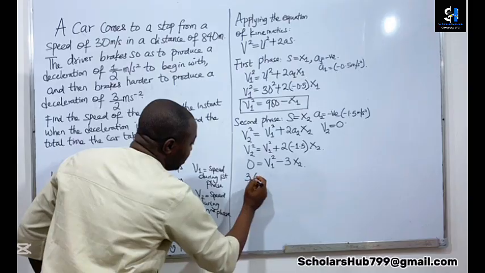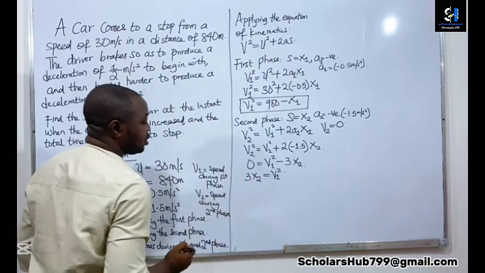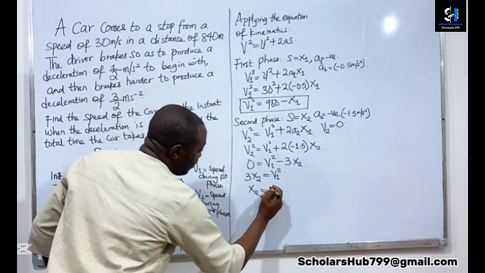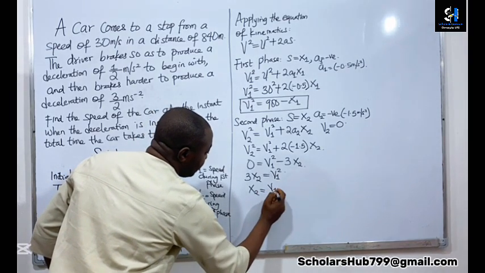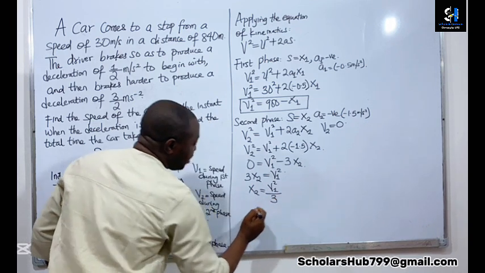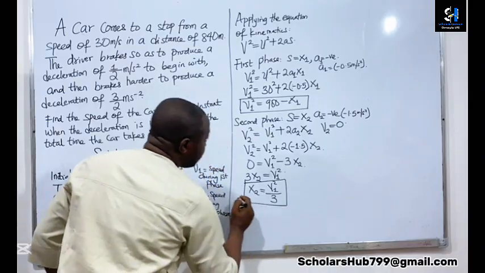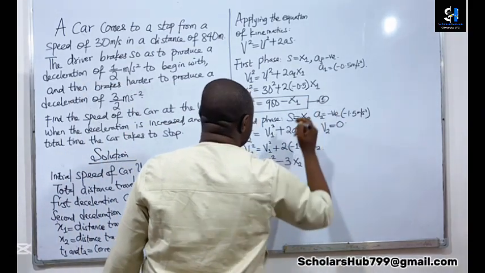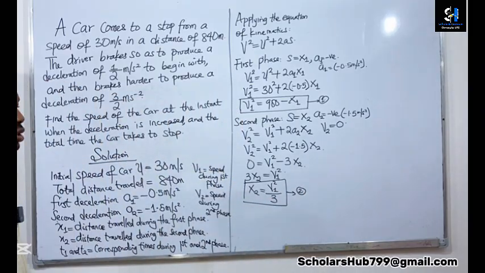So that 3x2 will be equal to v1 squared. Then I can write here that x2 equals v1 squared divided by 3. That's x2. So now this is our equation 1, and that's our equation 2.